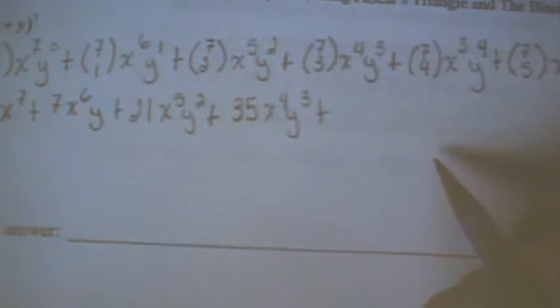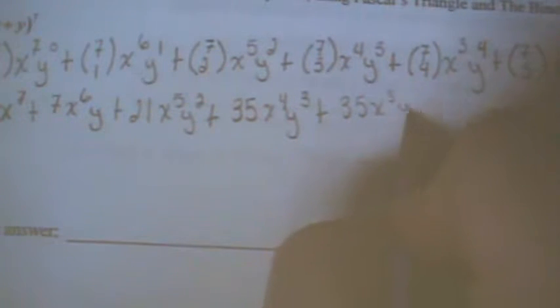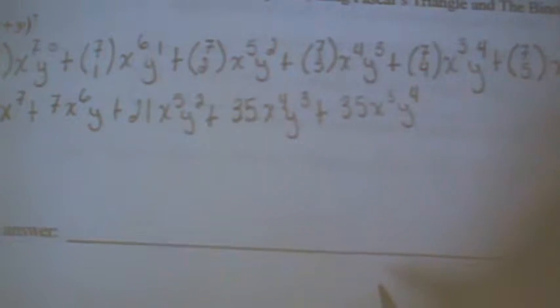And then our next term, 7 choose 4 in your combination, you should get 35 again. And this is x cubed y to the 4th for that term.